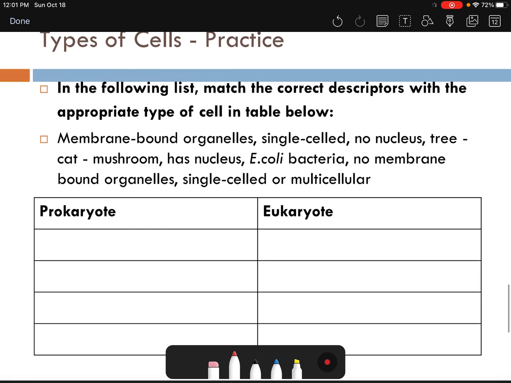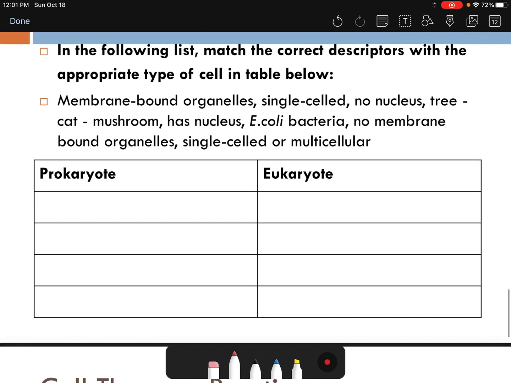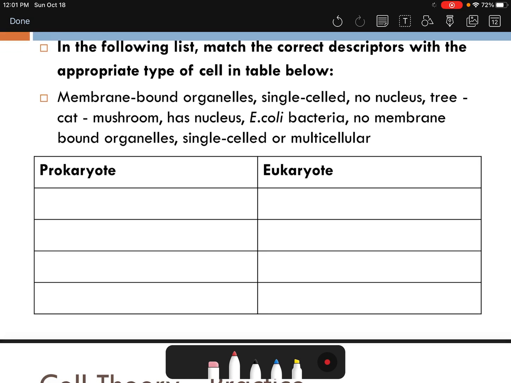So if we were to do a little bit of matching now with this and try to decide which category goes where, if we have membrane-bound organelles, remember those are eukaryotes. I can't write very neatly with these pens.